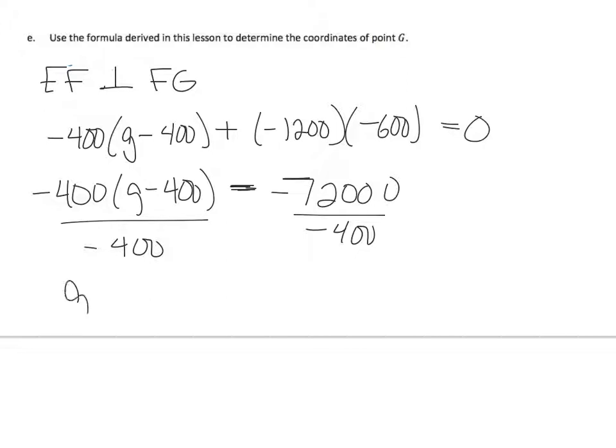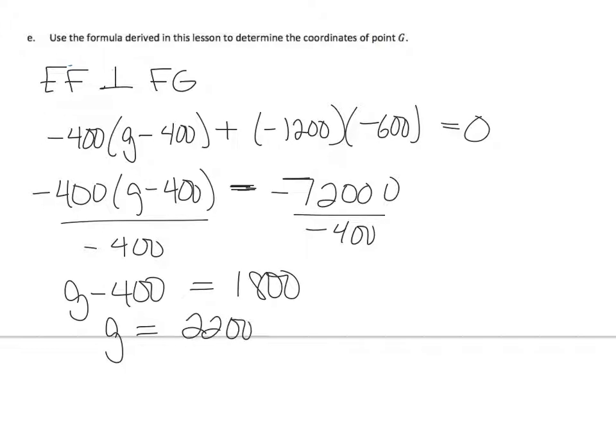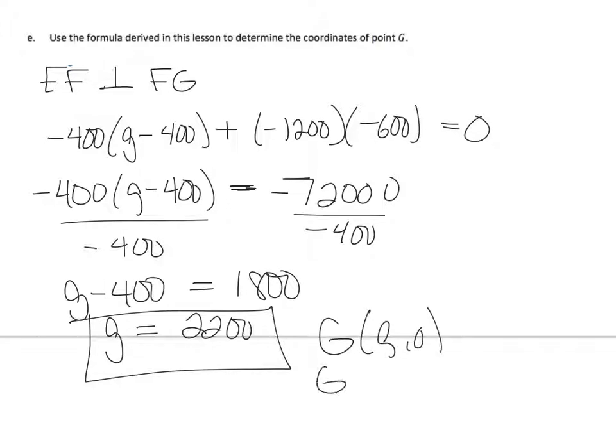And I get G minus 400 equals positive 1800. Add 400. 2200 is G. Cool. So if G is G comma 0, we now know that G is 2200, 0. That's the coordinates of G. That was fun.